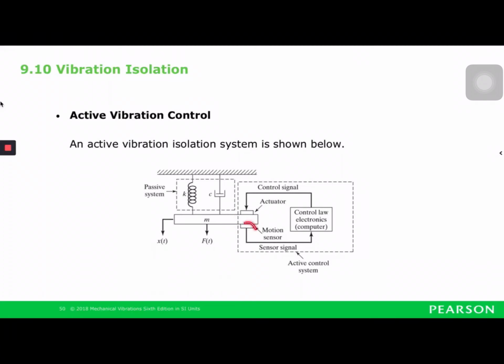The signal from the motion sensor will go through whatever algorithm we set over here, and from that algorithm and controller, it will deliver the signal to the actuator to tell it to have a certain displacement or a certain mechanism to isolate the vibration of the mass.